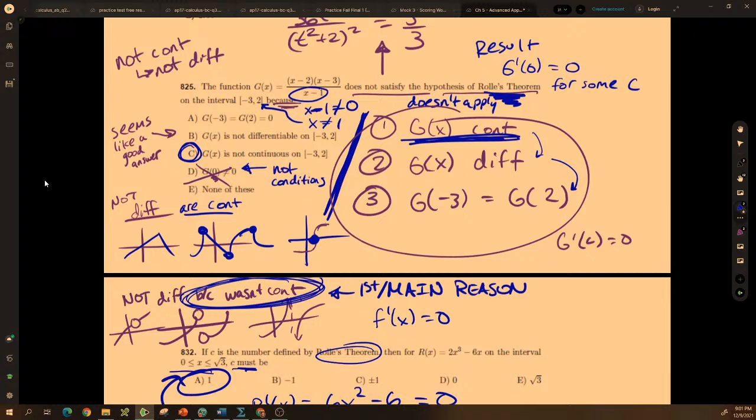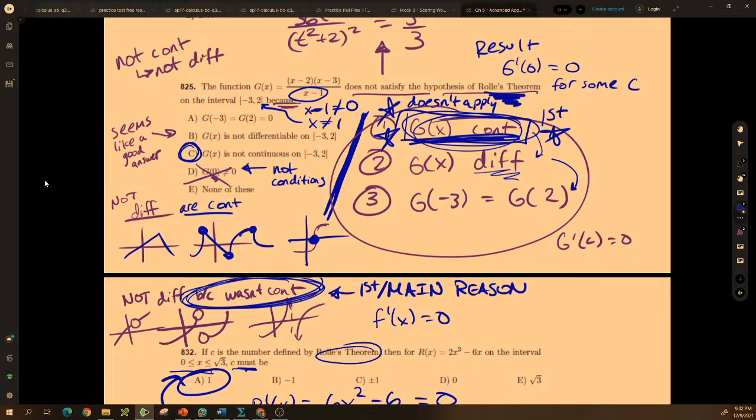That's why I always write it in this order. The first thing we check is if g of x is continuous. If it's not continuous, yes, you guys are totally right, it won't be differentiable. But the reason why it wasn't differentiable is because it wasn't continuous. So that's going to be my answer. It's not continuous.